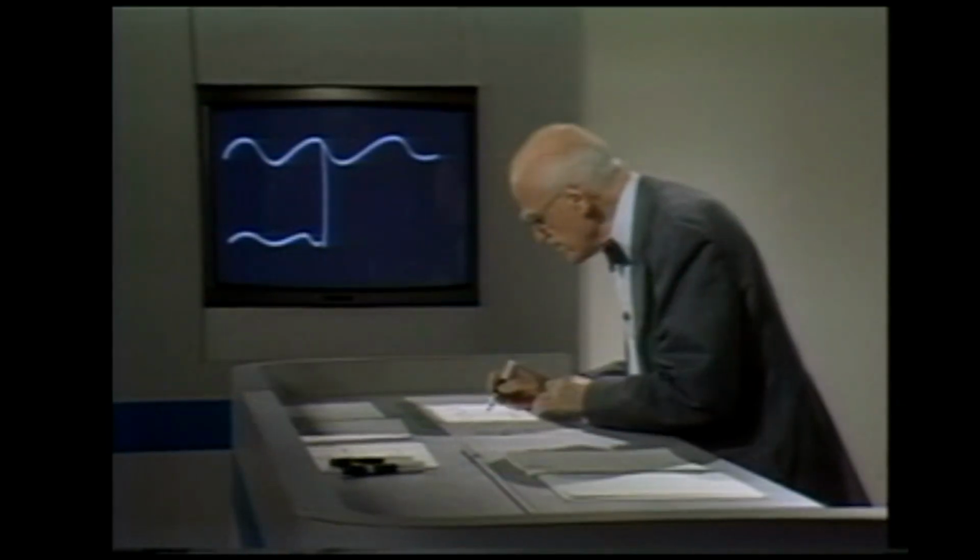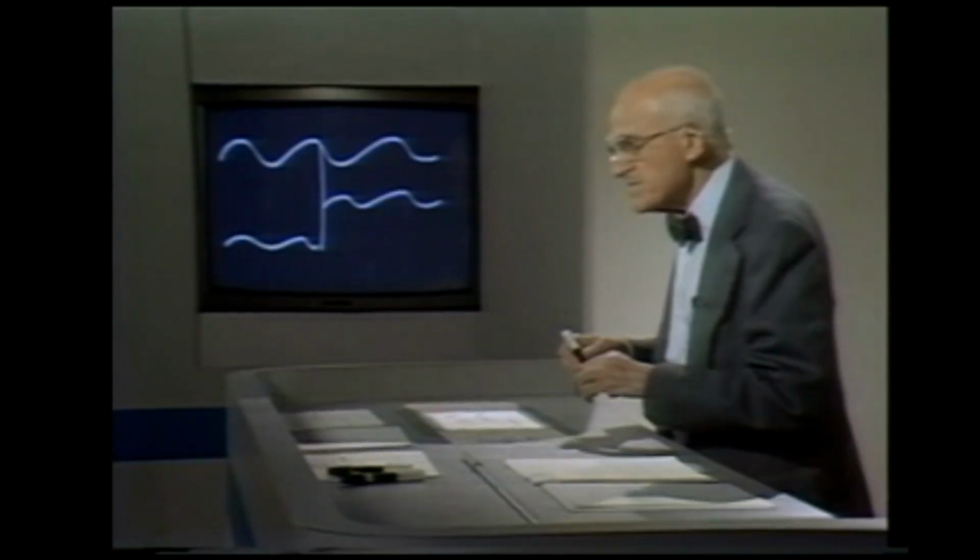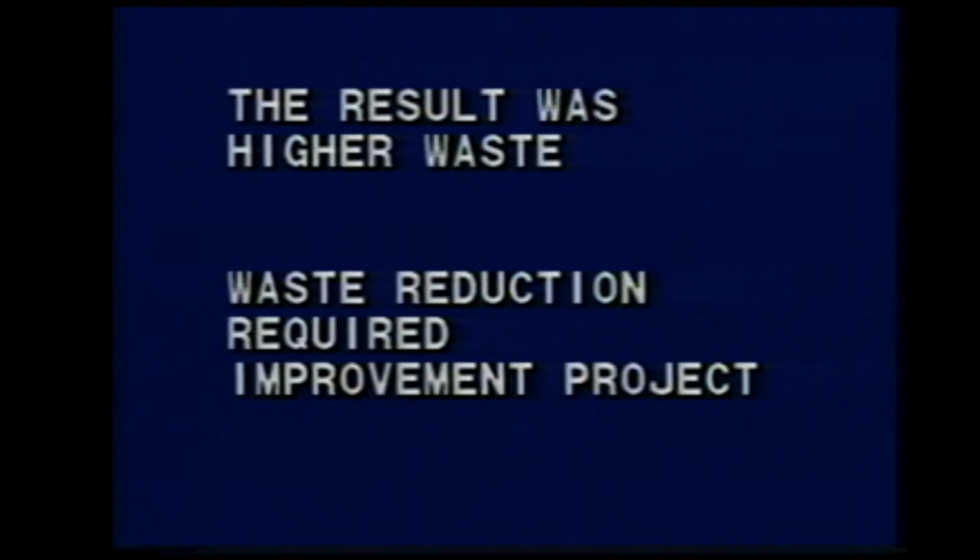With a thinner wall, it might not be tolerable. The result was a sharp rise in waste. Reduction of this waste then had to await improvements based on discovering, with greater precision, the relationships between process variables and product results.